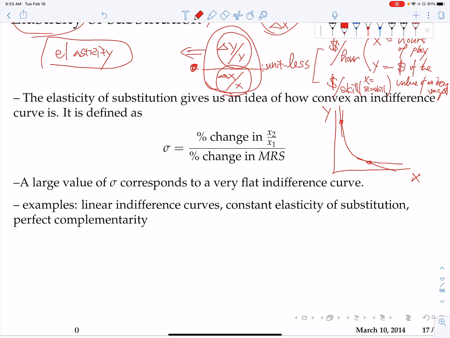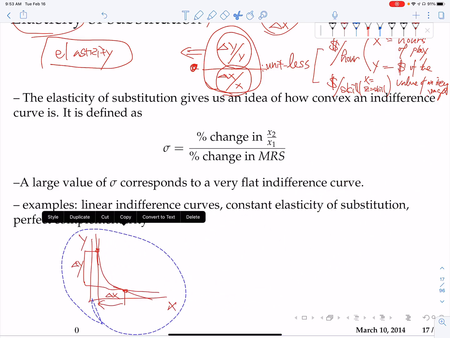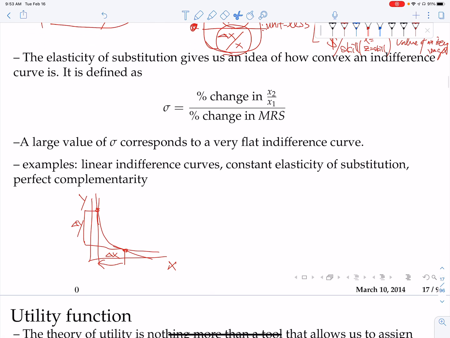So when you change from here to there, let's say this is delta x, and this is delta y, and you can see that delta y over delta x is... well, I guess I have to give you two graphs to compare them. So let's think of two cases.